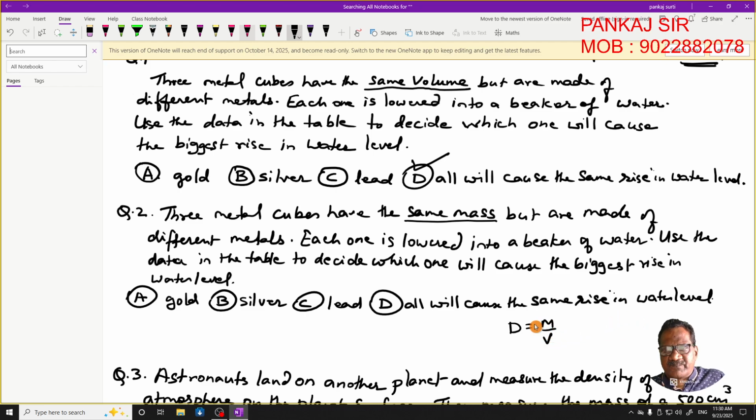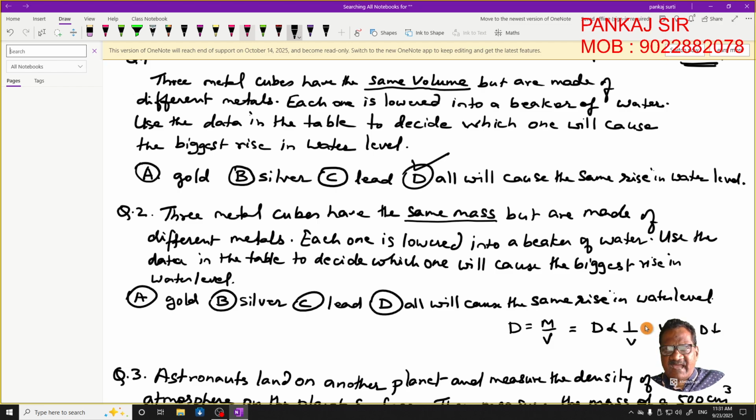Okay, so mass is same for all the 3 cubes. So the density and volume, how are they related? They are inversely proportional. So mass is constant, so density and volume are inversely proportional. The meaning of this is the volume will be more for the metal whose density is less.